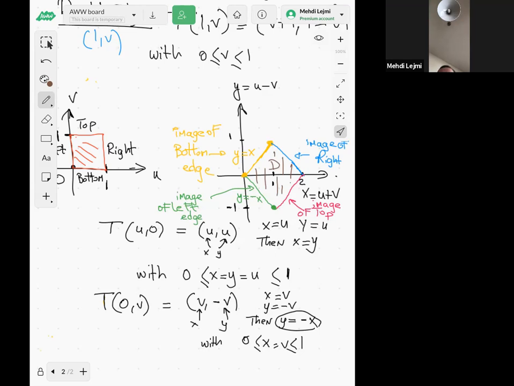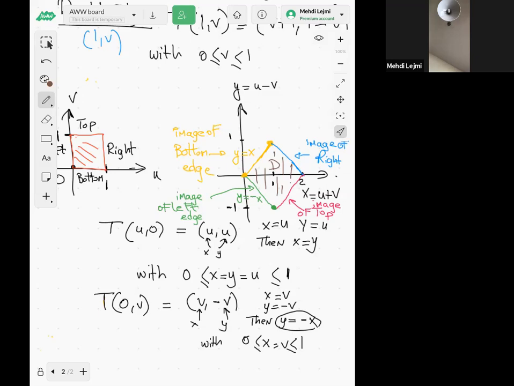The thing is, in the previous examples, we had each component involves only one variable, right? So it means that your transformation would shift, or you would stretch your square, in some sense, right? That's why I just took the images of the vertices, because your transformation was either stretching or shifting your square.